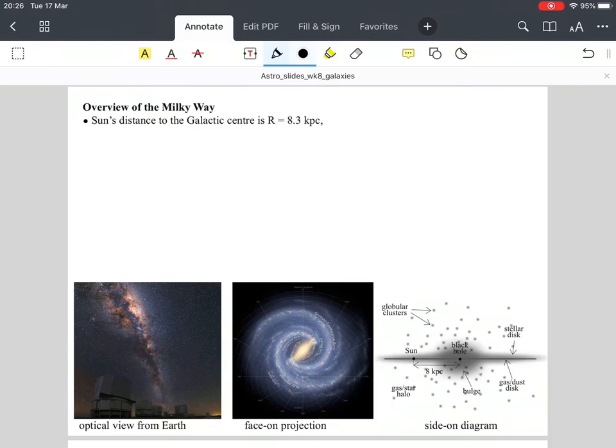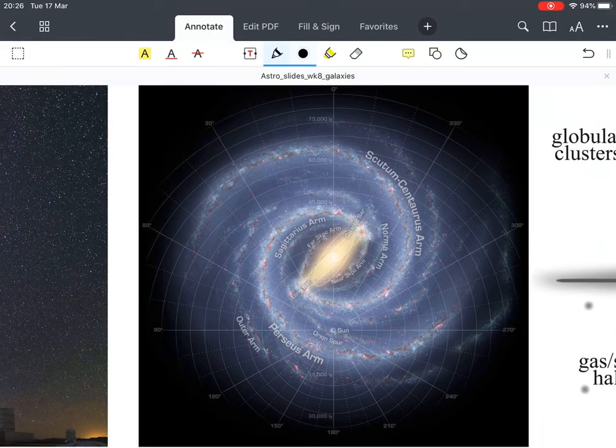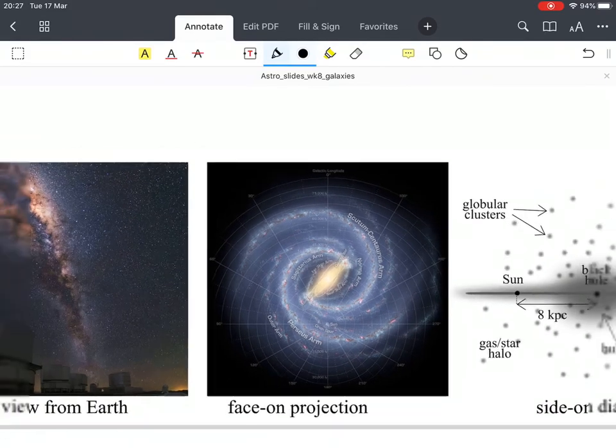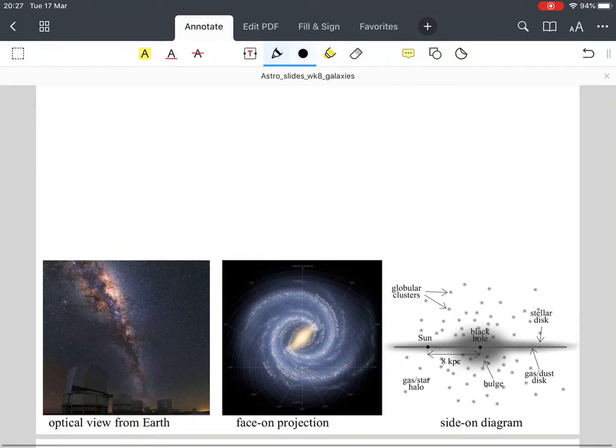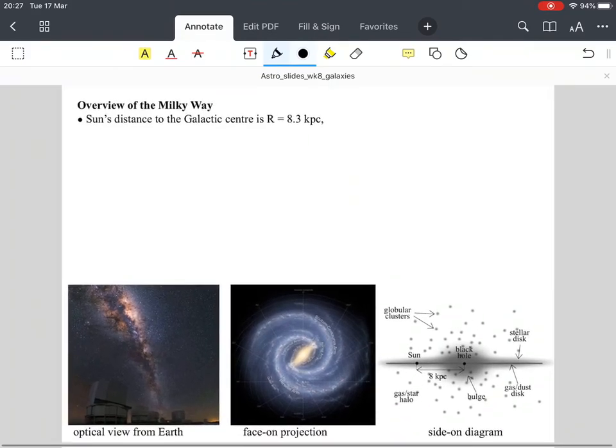You might not quite see it because it's quite small, so I can zoom in. If you look at this image, you see that the Sun is identified as being relatively far out in the spiral arms, and in fact, that distance is 8 kiloparsecs.